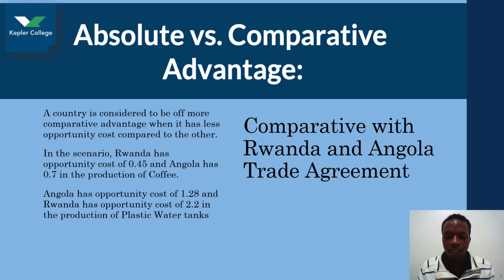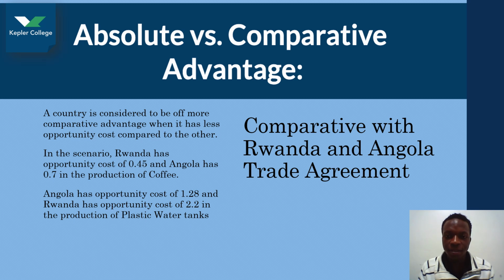There is a scenario that has been provided, which asks about the absolute and comparative advantage between Rwanda and Angola. Rwanda and Angola are looking forward to a trade agreement in the production of coffee and plastic water tanks.